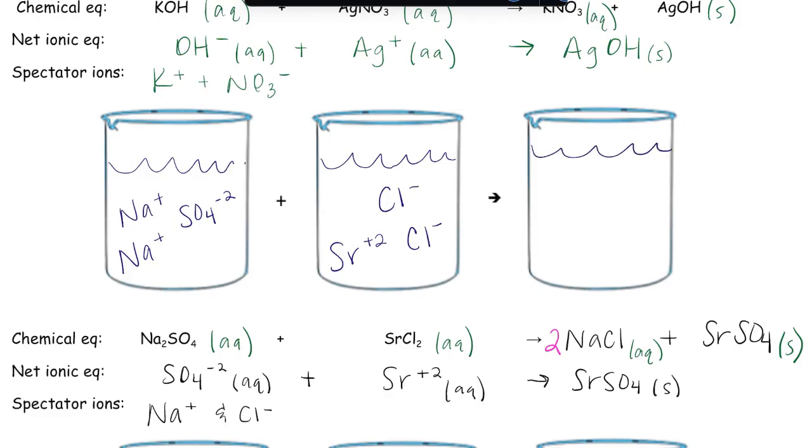And in my last beaker, I'm going to draw clumped at the bottom my precipitate, which is SrSO4. I could put that little S there. And then in my aqueous still is going to be my sodium and my chloride. Now, they're at a 1-to-1 ratio, but in my balanced equation, I have 2 of them. So you can draw 2 for the balancing. And that will do it.